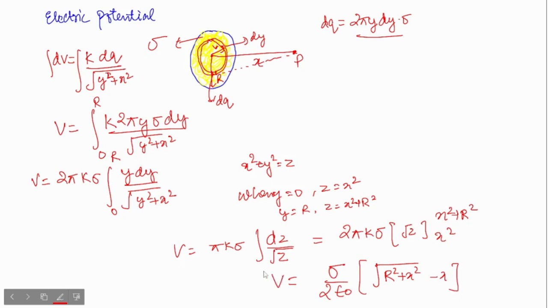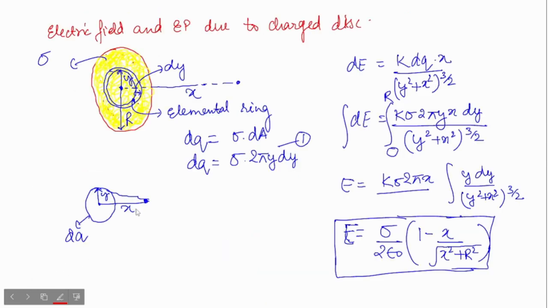This is the electric potential at the axis of a charged disk. So we have covered electric field and electric potential due to a charged disk on the axis. Okay, thank you.